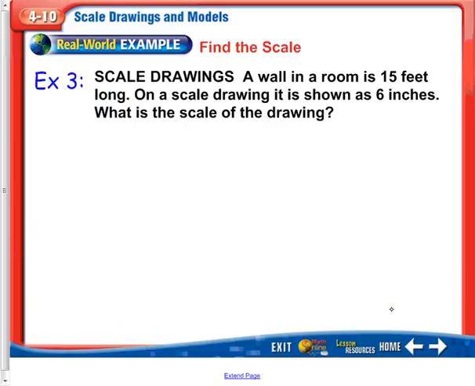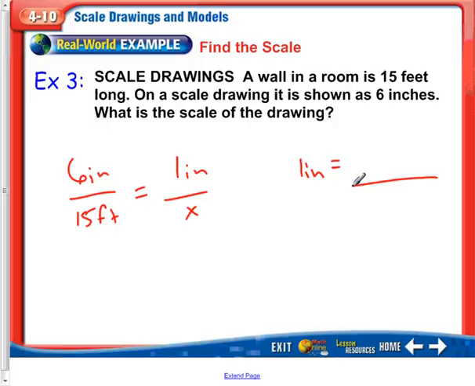So think of it kind of like our unit rates. So right now we have 6 inches equals 15 feet. I want to get that down to 1 inch, and I want to know how many feet is just 1 inch, because this is going to be my scale right here. I want it to be 1 inch equals this many feet in my drawing. So here again, all we need to do is cross multiply.